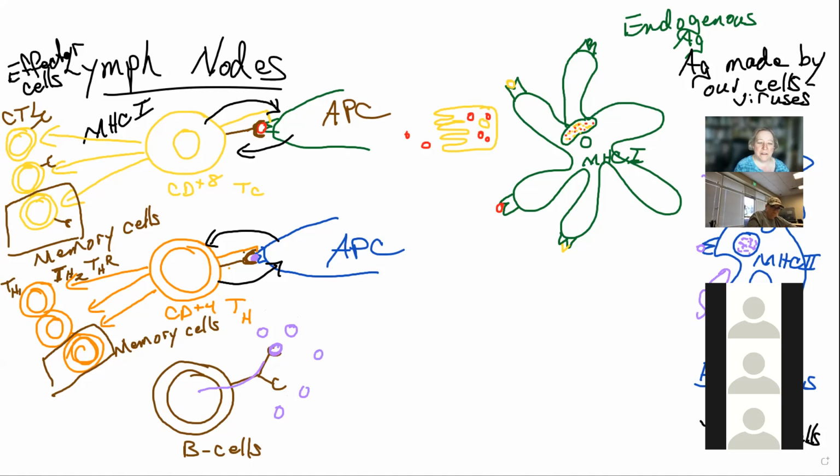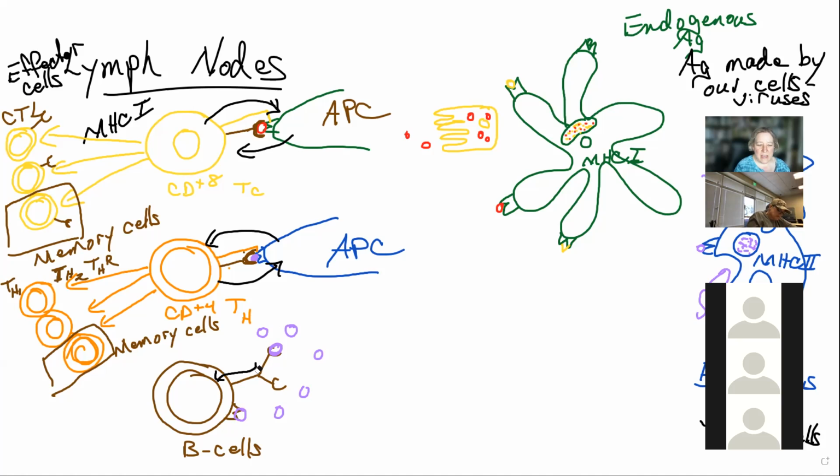Oh, and I'm showing it going into the nucleus because on these lymphocytes, the nucleus is really big. It gets moved into the cytoplasm, it gets chopped up into bits and pieces, and it will redisplay those bits and pieces on its surface using MHC2, okay?